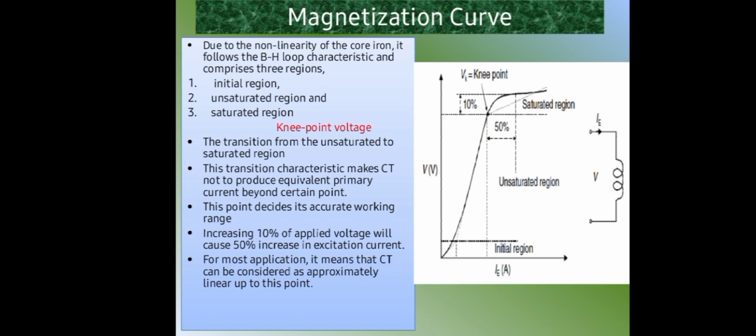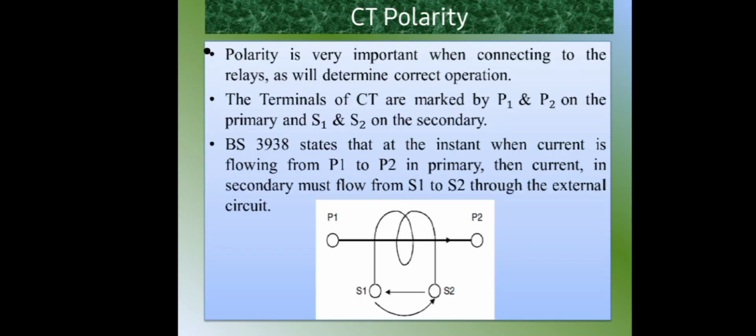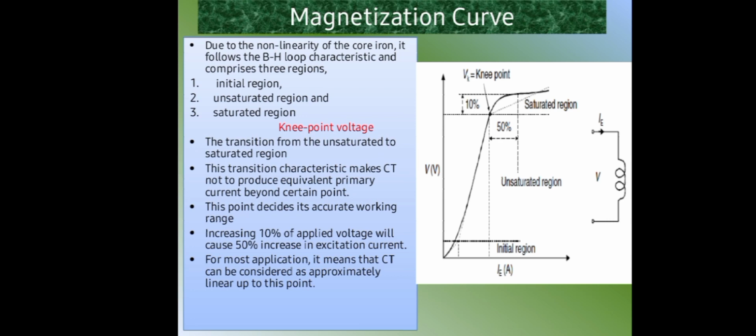The transition from the unsaturated to the saturated region is the transition characteristic that makes the CT unable to produce equivalent primary current beyond a certain point, and this point decides its accuracy working range. Increasing the applied voltage by 10% will cause a 50% increase in excitation current. For most applications, it means the CT can be considered approximately linear up to this point.